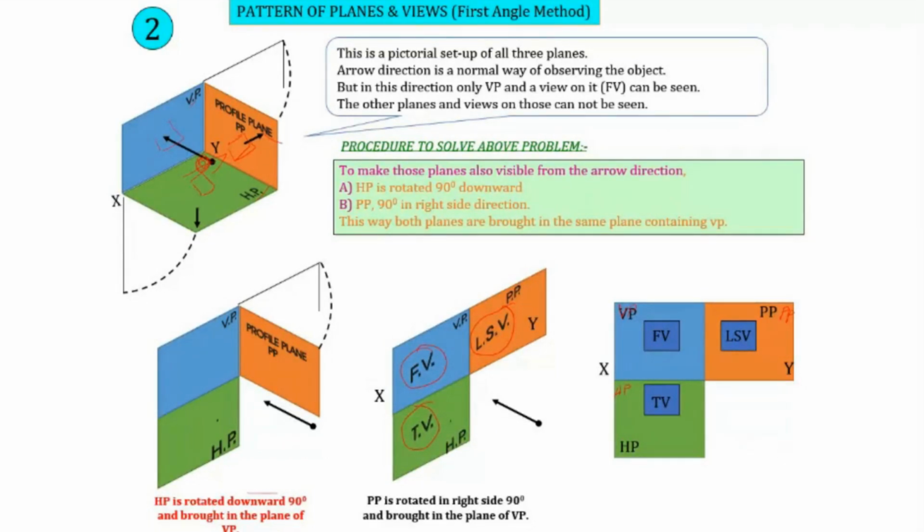So this is the orientation in which the different projections should be lying if we draw first angle projection. That is, the front view should be above the XY line and towards the left side, and the top view should be below the XY line and just below the front view, in line with the front view. And how it becomes in line with the front view, that we will discuss.